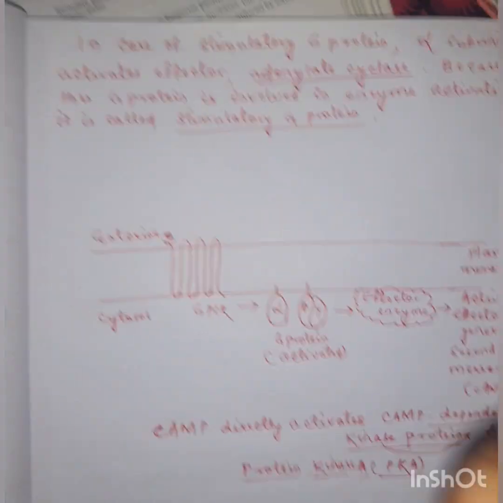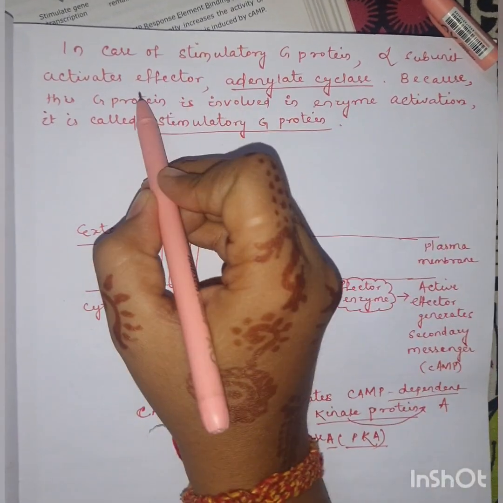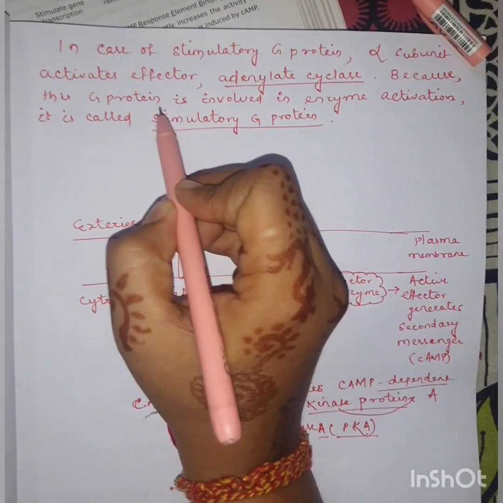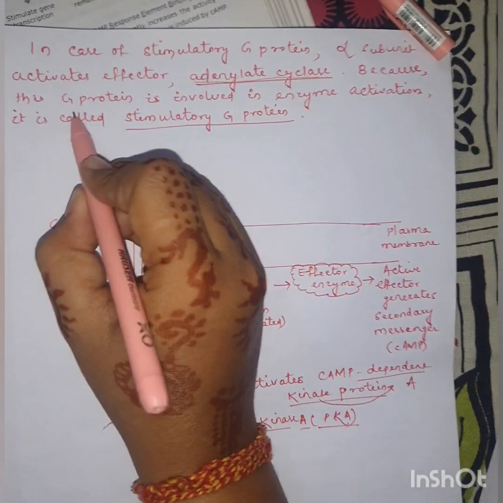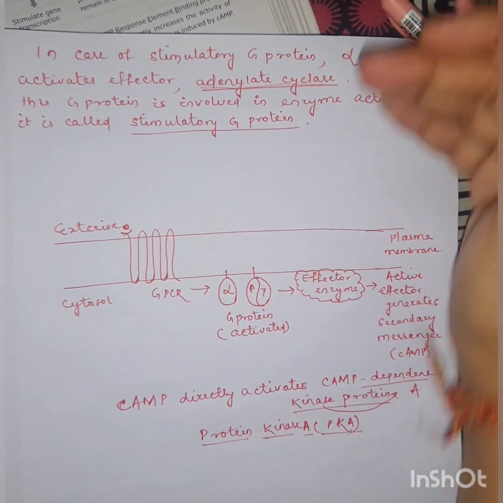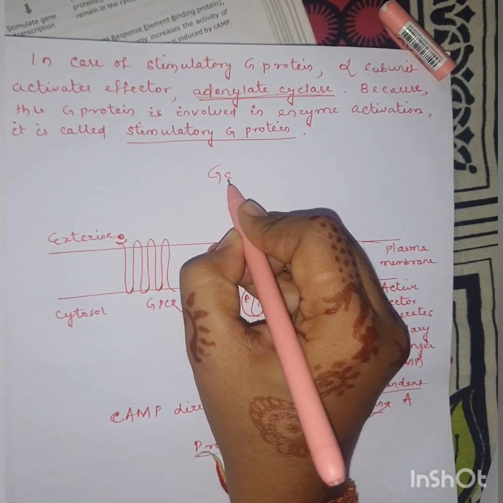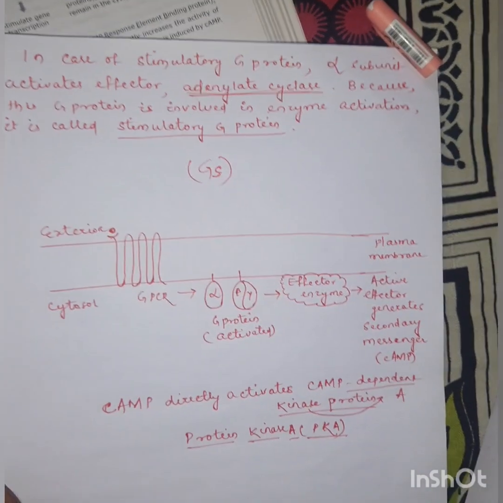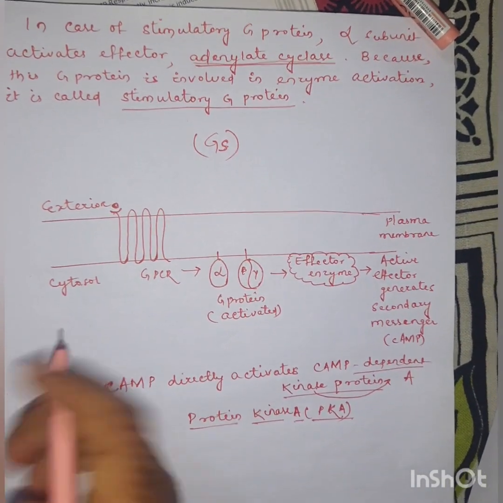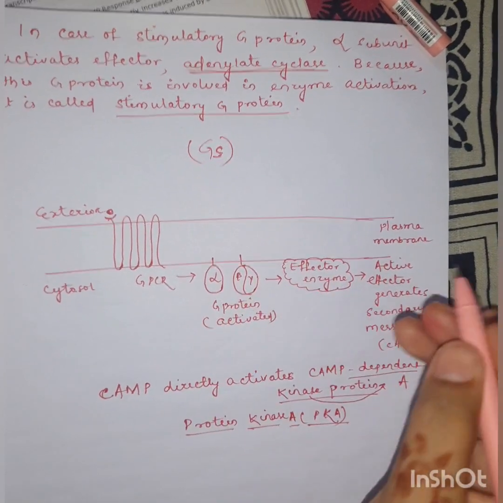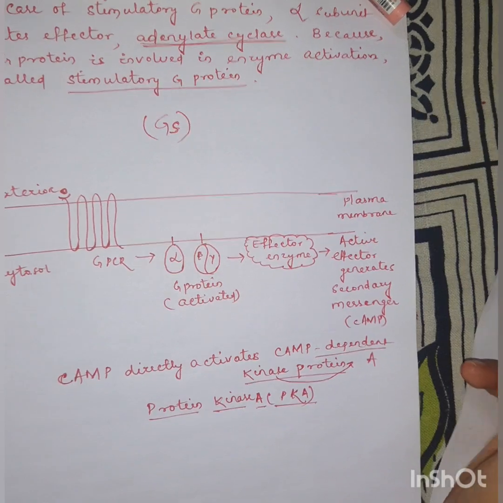In the case of stimulatory G protein, the alpha subunit activates an effector, for example adenylate cyclase, because this G protein is involved in enzyme activation. It is called stimulatory G protein, or Gs. So in the case of stimulatory G protein, the alpha subunit activates an effector, for example adenylate cyclase.